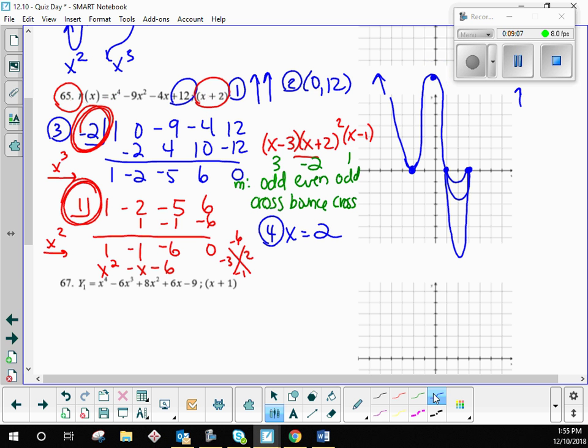I'm finding the value when x is 2. You can use synthetic division to do the exact same thing. It's the remainder. So I'm going to do synthetic division for 2, and whatever the remainder is the y value. So it just goes faster. You don't have to remember this. You don't even have to really care. It's just good for you to see, and it's kind of interesting.